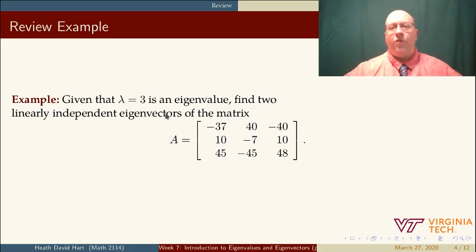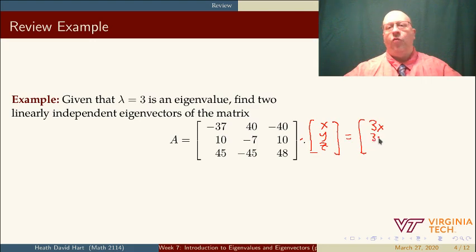Here's a 3 by 3 matrix, and we know that lambda equals 3 is an eigenvalue. That means when I multiply this matrix times some vector, the answer will be 3x, 3y, 3z. That there is some vector that gets 3 times bigger when we multiply these together. But I don't know what this vector is yet.